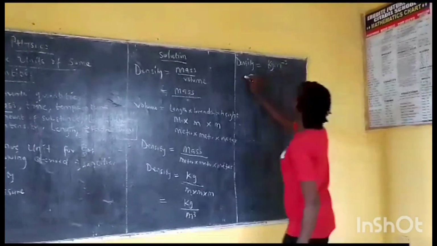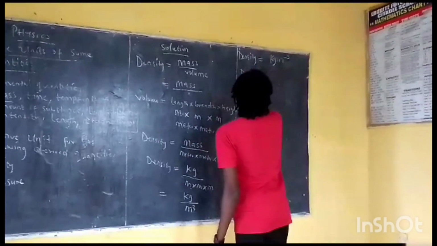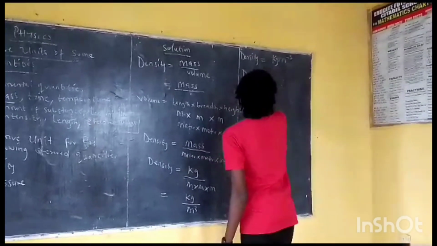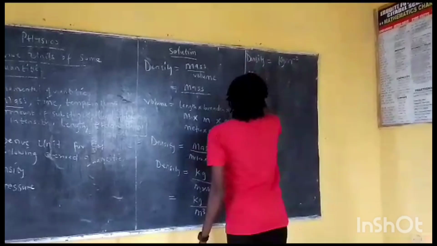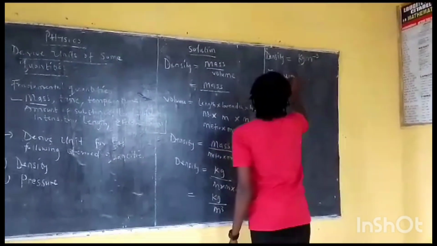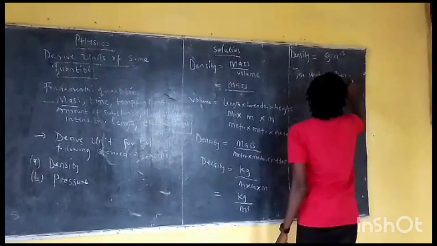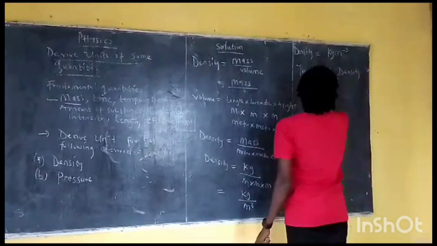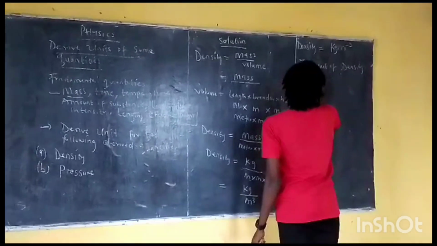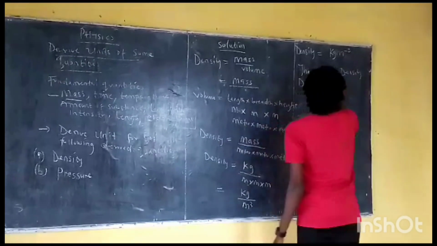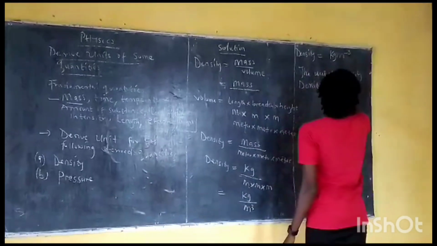So this is the unit of density. Therefore, the unit of density is equal to kilograms per meter cube.